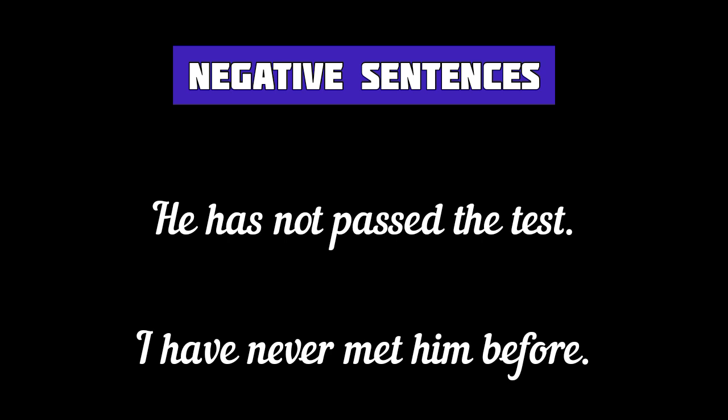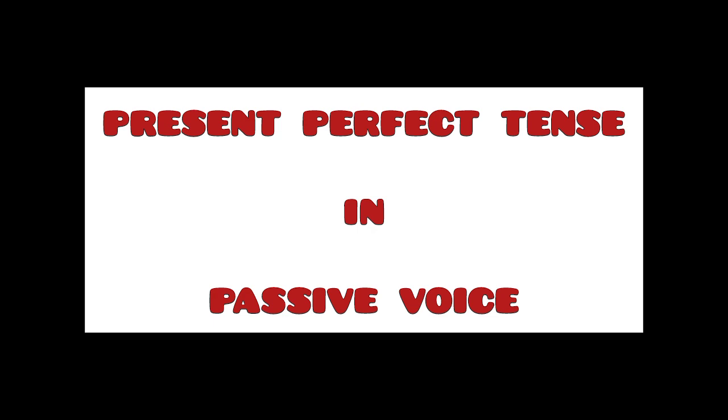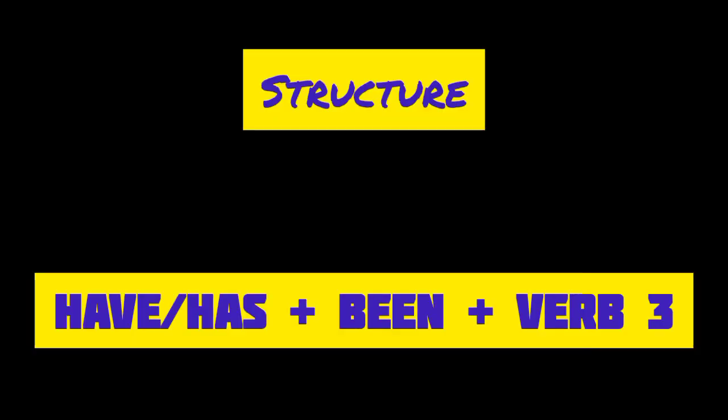Well, finally, let's see how the present perfect tense is used in passive voice. As you know, in passive voice, the doer of the action is not the subject, but the receiver of the action is the subject. Hence, in passive voice, the present perfect has an altogether different structure.